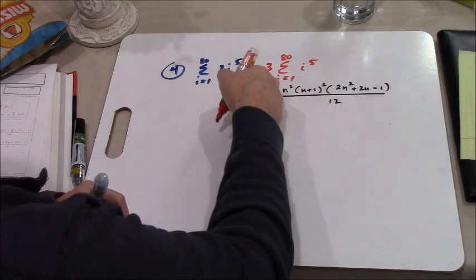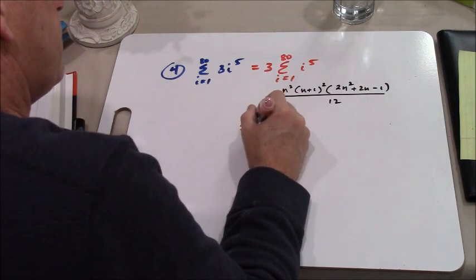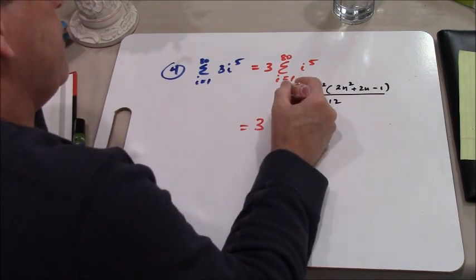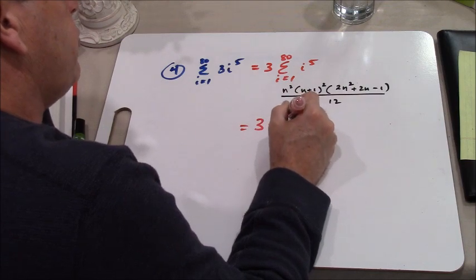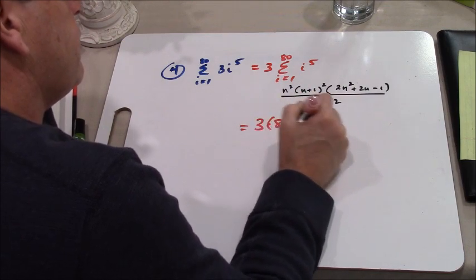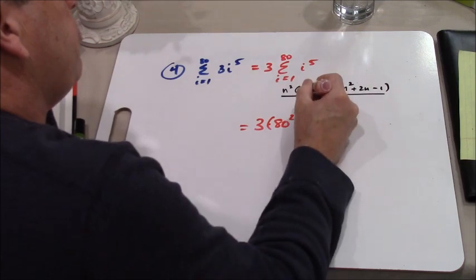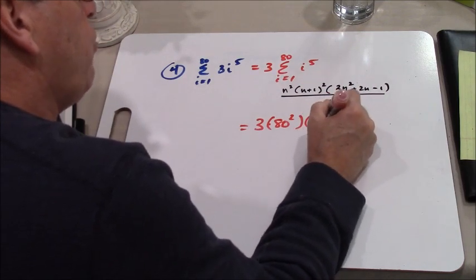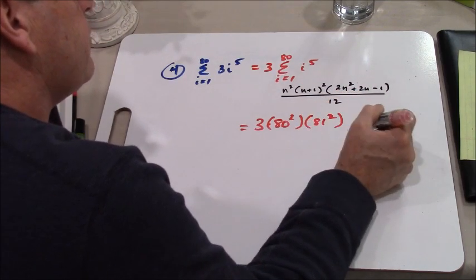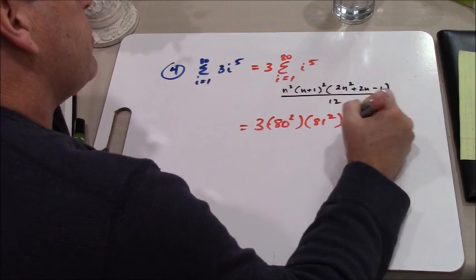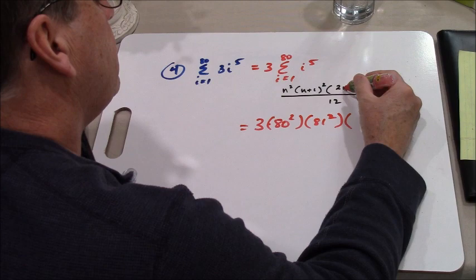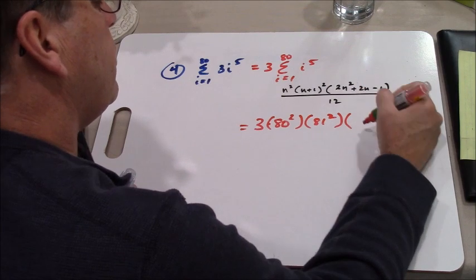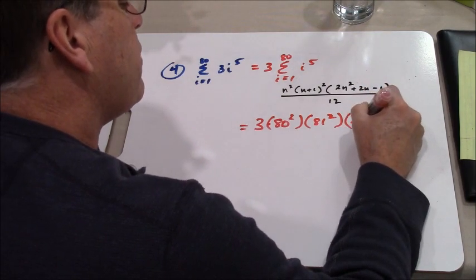Alright, so I've got the 3 to start with, times n squared, so that's going to be times 80 squared, times n plus 1 squared, so that's 81 squared, times, let's see, this is going to be, oh boy, 2 times 80 squared.